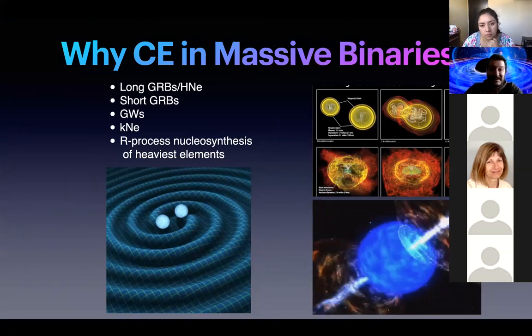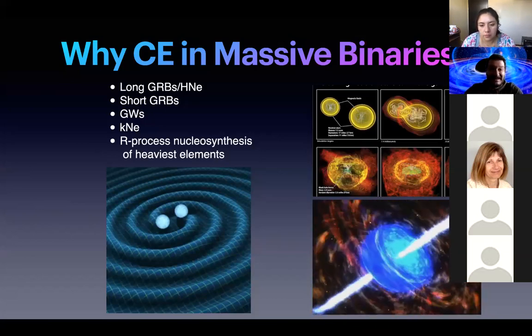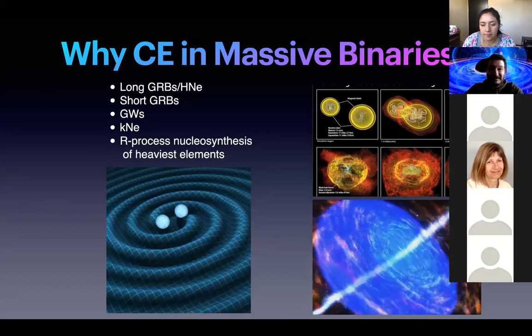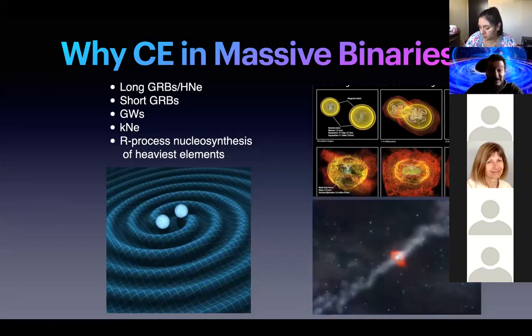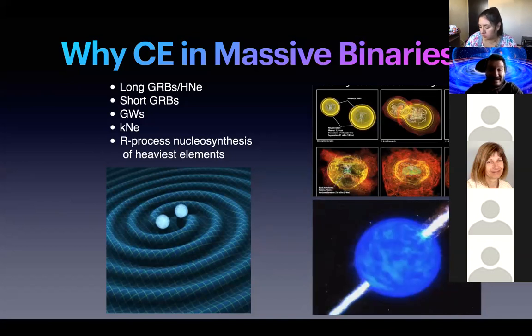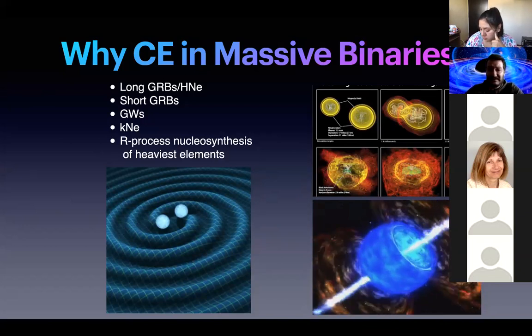Also, for short GRBs, you need to have two stars in a very tight orbit, and of course for gravitational waves, kilonova, and also in order to produce the r-process nucleosynthesis, which gives us the heaviest elements. This is necessary. So how do you come about to produce this sort of thing?